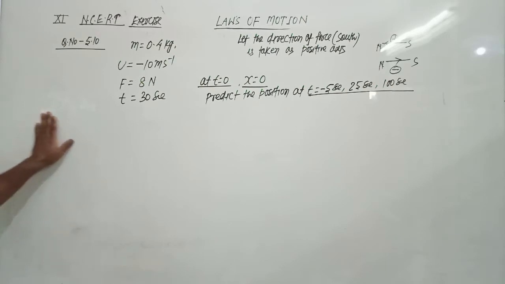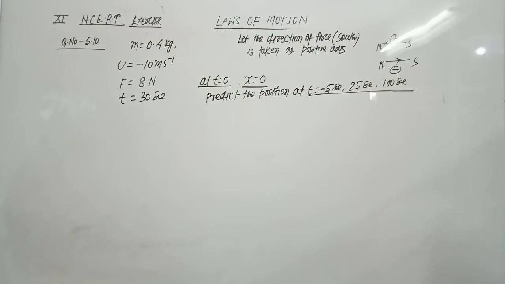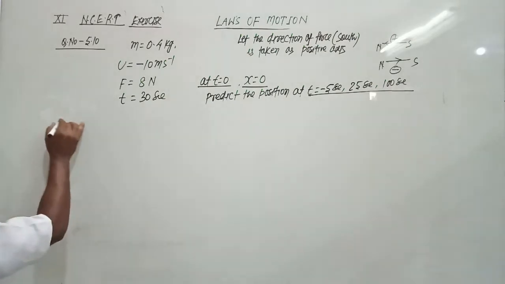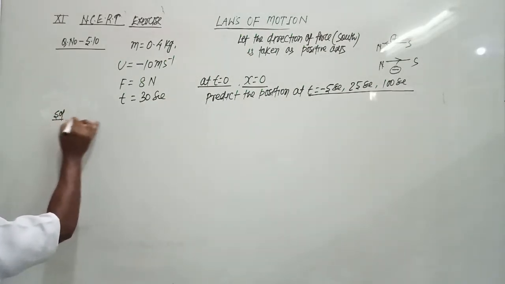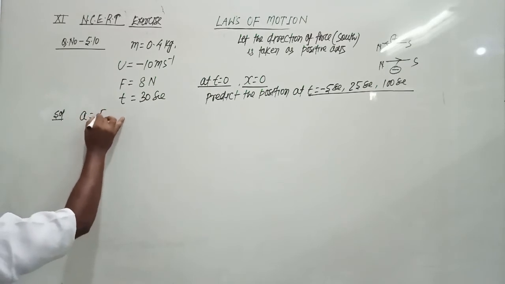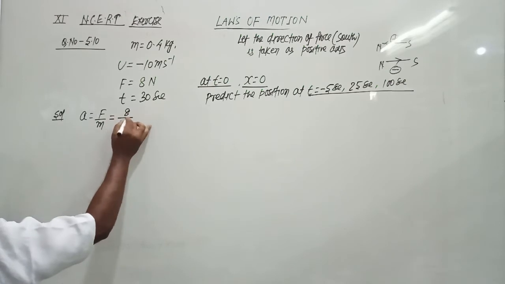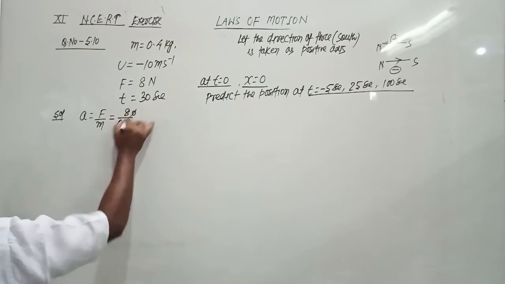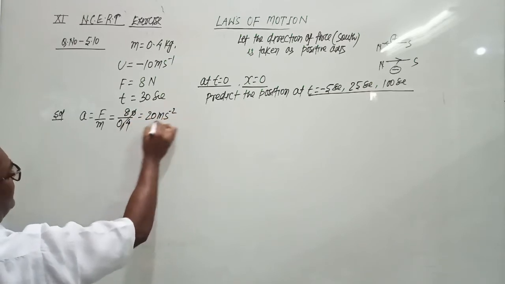In the very beginning, we calculate the acceleration acting on the body. The formula for acceleration is a equals F by m. Force is 8 and mass is 0.4, so this becomes 20 meter per second square.